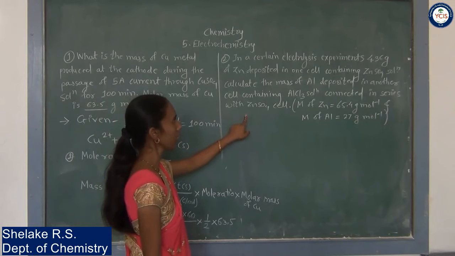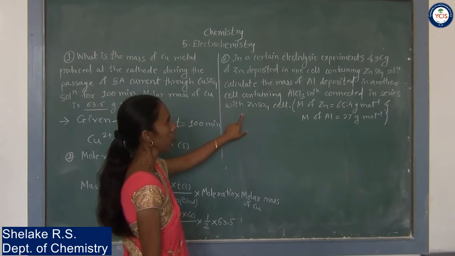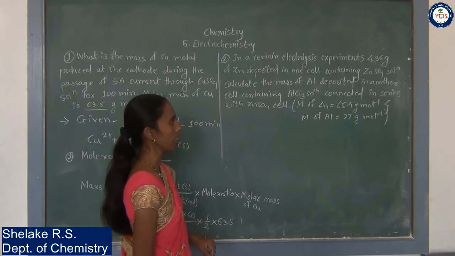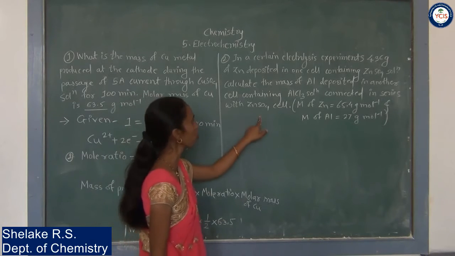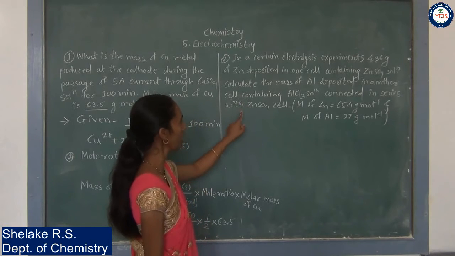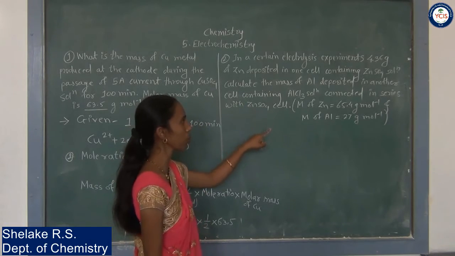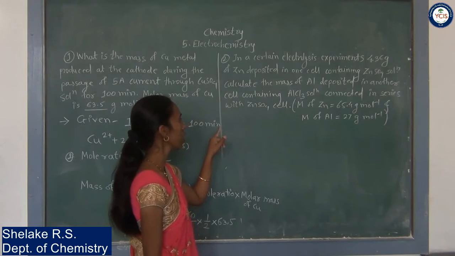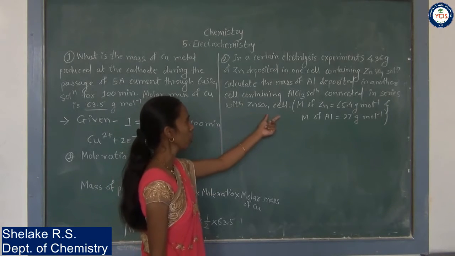In a certain electrolysis experiment, 4.36 gram of zinc deposited in one cell containing ZnSO4 solution. Calculate the mass of aluminium deposited in another cell containing aluminium chloride solution connected in series with the ZnSO4 cell.